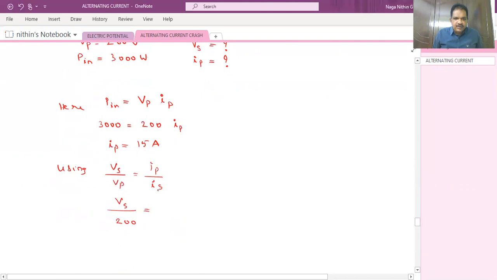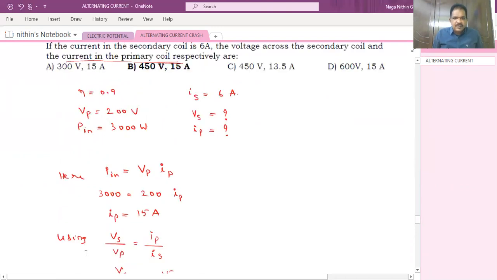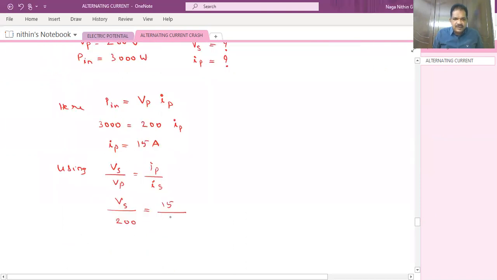Ip value we calculated here as 15 ampere. Is value, they gave it as 6.